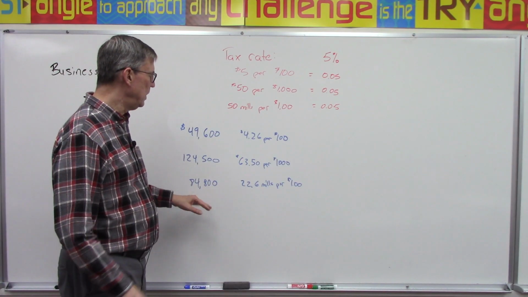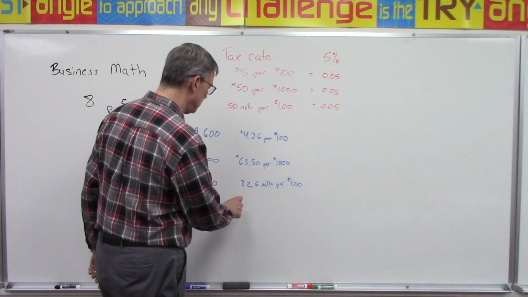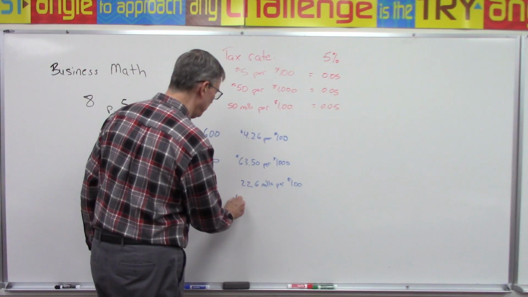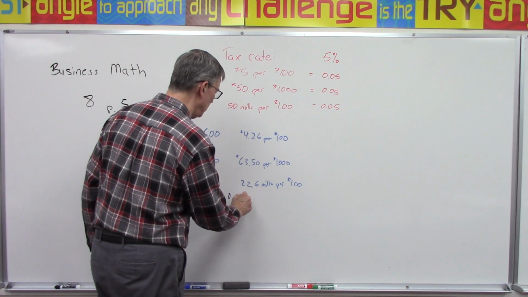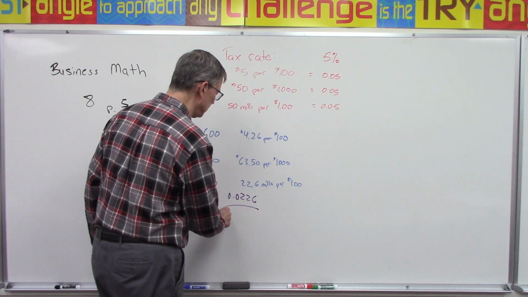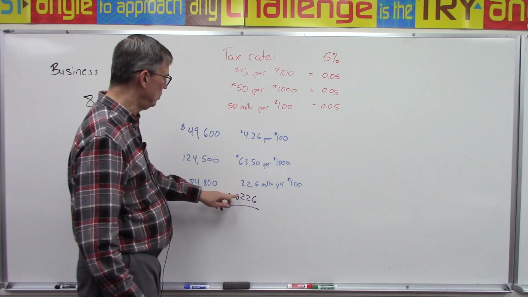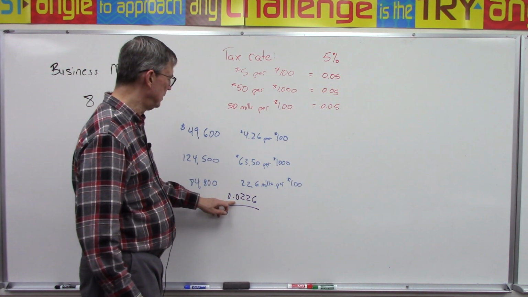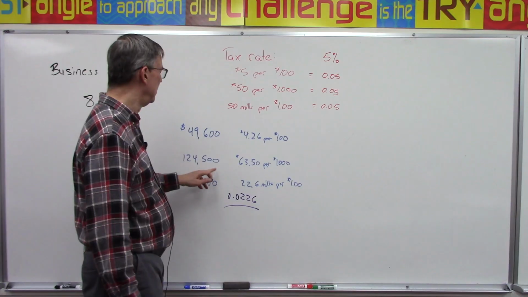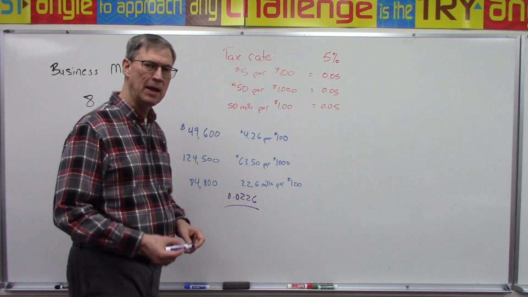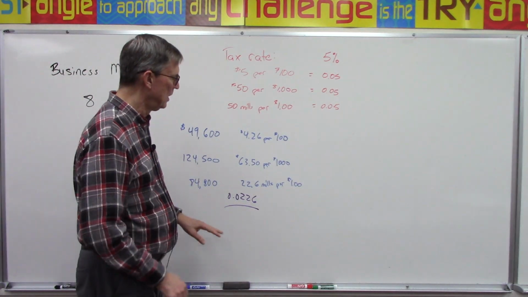Now if I'm going to do mils, I have to move the decimal 3 places, so 0.0226. Notice I moved it 1, 2, 3 decimal places, and then I take that times the value of the property, and you'll get the answer.